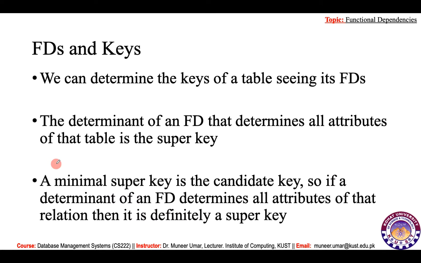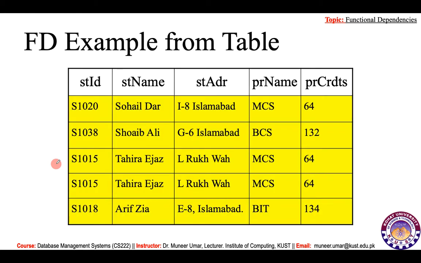Then we have functional dependencies and keys. We can determine the keys of a table by seeing its functional dependencies. If we know about the functional dependencies among these attributes, then we can also guess the keys of this table, that is, which attributes are associated with one another.